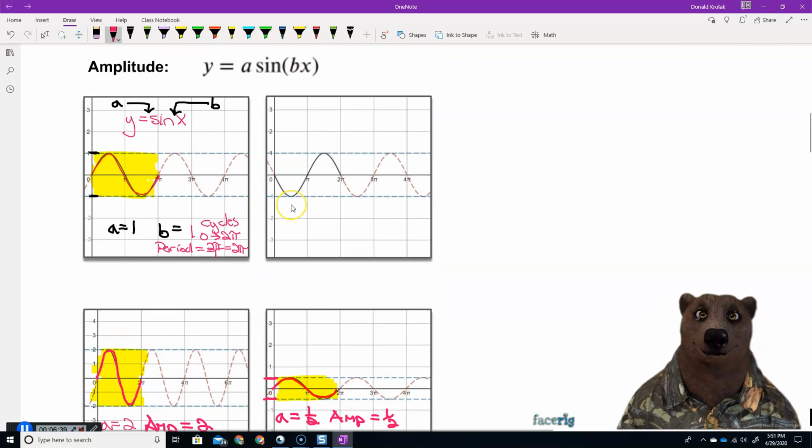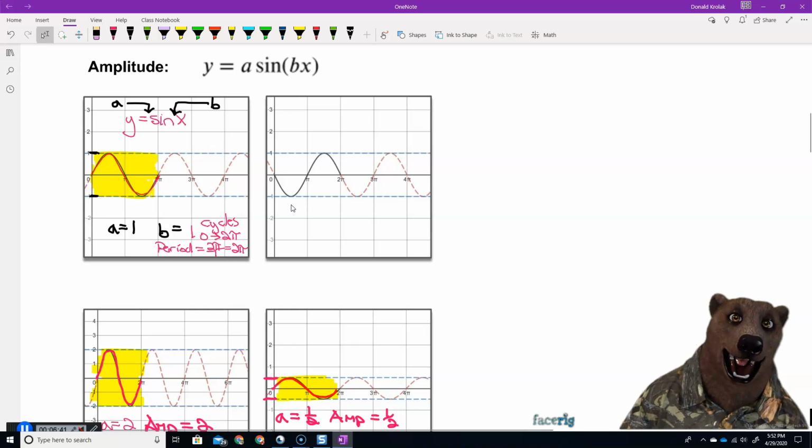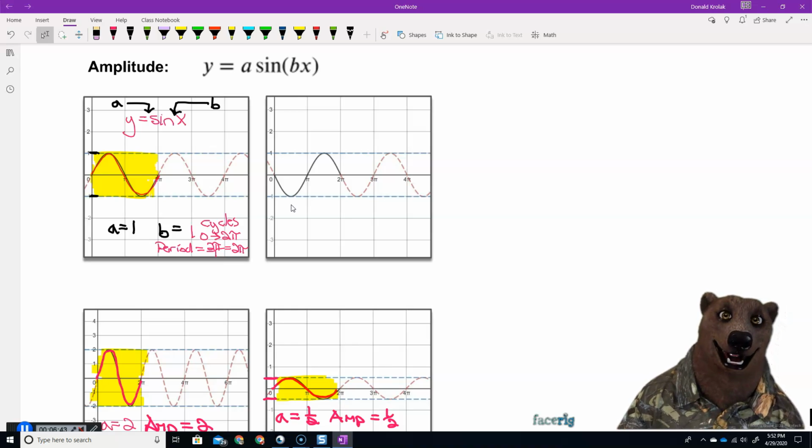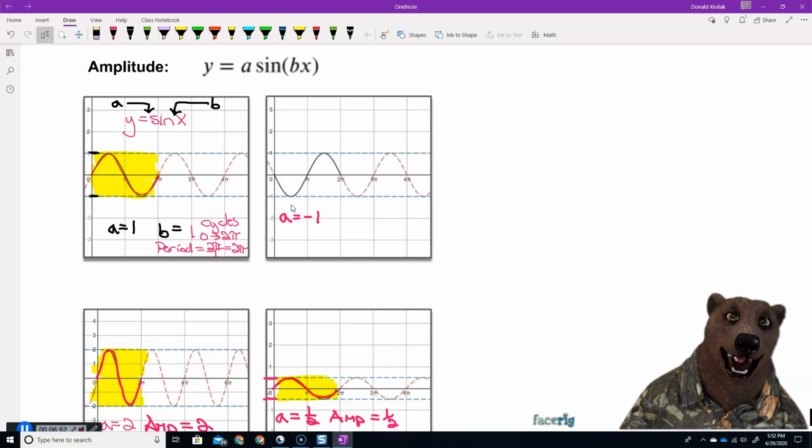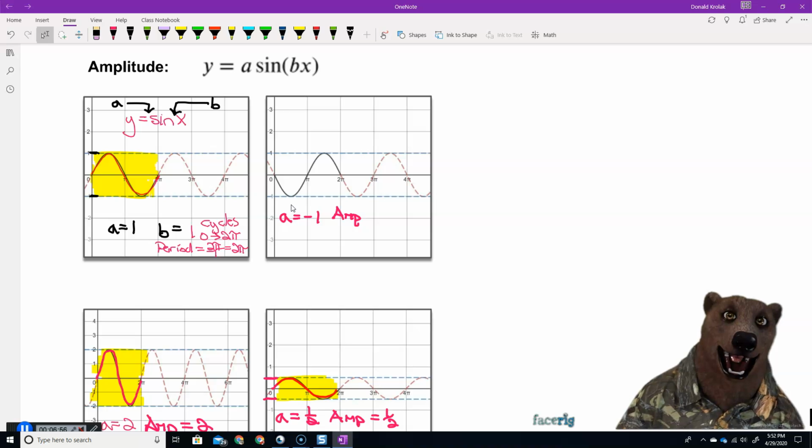Now back up to this one. All we did here was we flipped the graph. The graph flipped over. So what that means is A is equal to -1. The amplitude is always a positive number. So my amplitude is still 1.